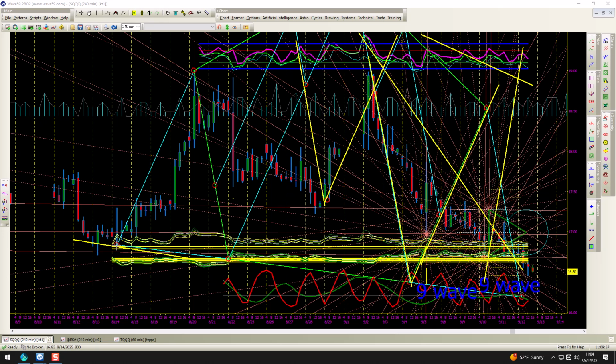Here's the predicting wave. It's set here on the 14th and the 20th. As you can see at these places, look at that button right there. Here it said, okay, we're down. Isn't that amazing?